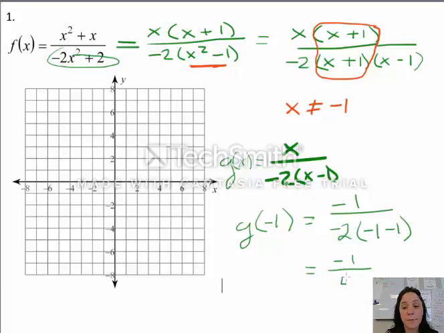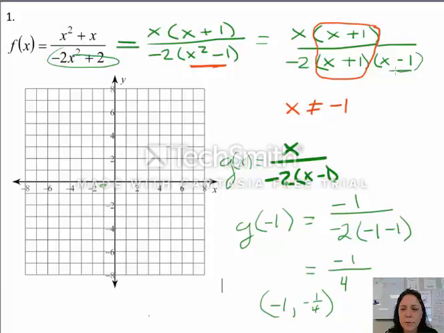Negative 2 times negative 2 is 4. So my hole is going to be at negative 1, negative 1/4. So here we go, negative 1, negative 1/4. I can't be too accurate, but there's my hole on the graph.